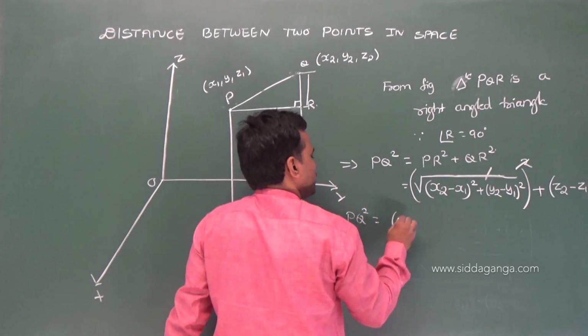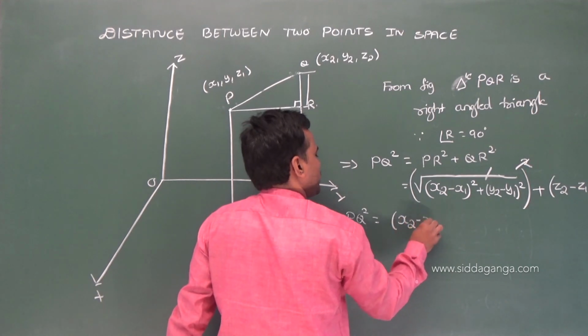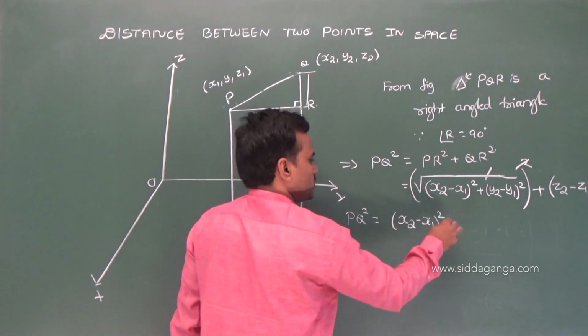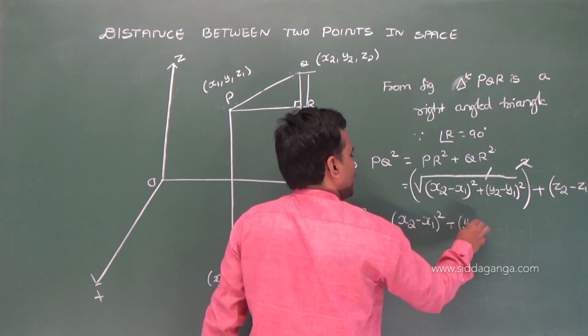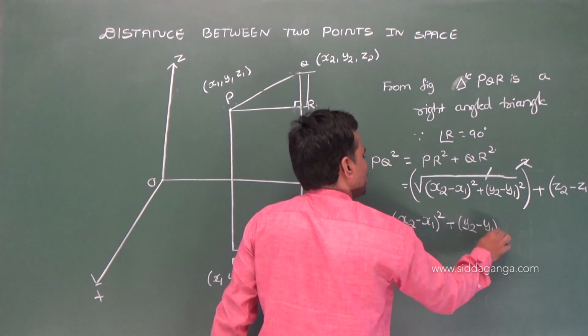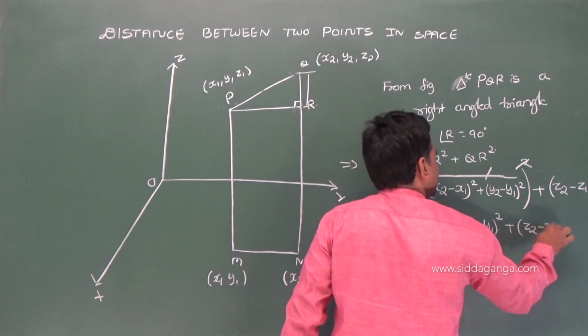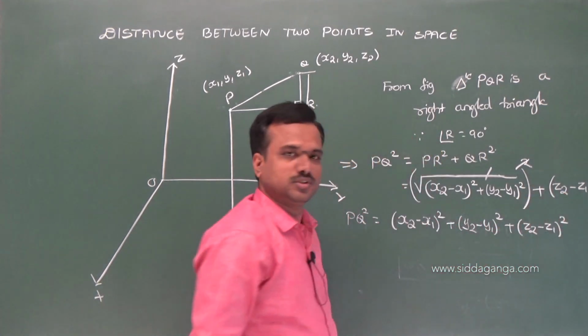PQ square, what is left? Observe: X2 minus X1 whole square plus Y2 minus Y1 whole square plus Z2 minus Z1 whole square, correct?